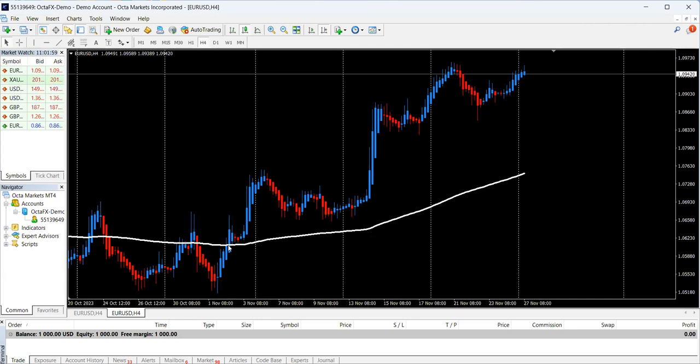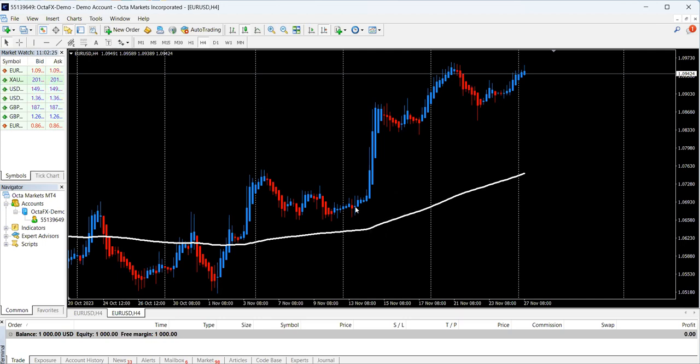All right. So when the candles are above the EMA 200, we are looking for a buying opportunity. And when below EMA 200, we are looking for a sell opportunity. So the latest one that we have here, let's say I enter my trade somewhere here.